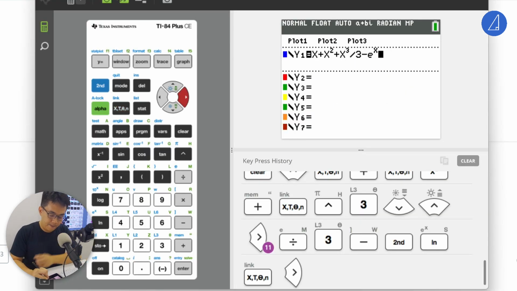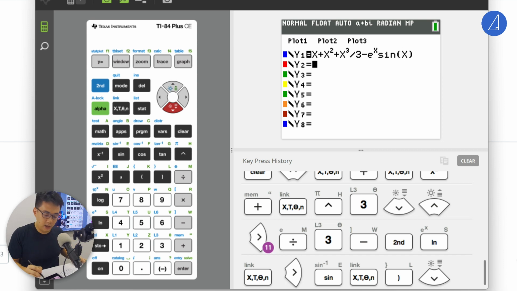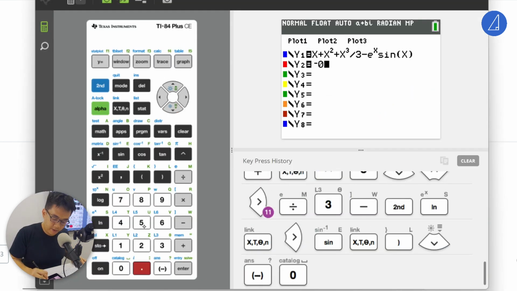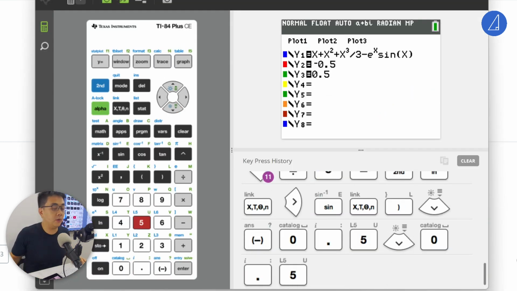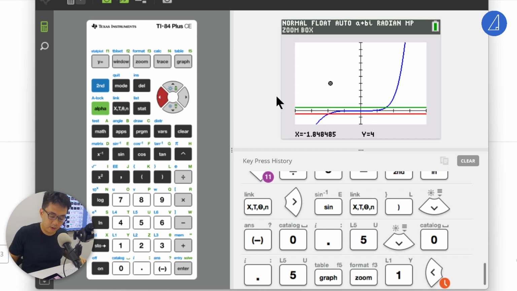Okay, so this is what we want. Then what we do is we need it to be between negative 0.5 and 0.5, sandwiched between these two horizontal lines. Graph it, but of course, zoom to the part where you need. The solution should be around here.